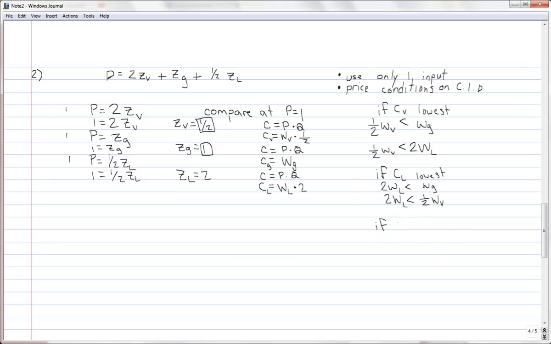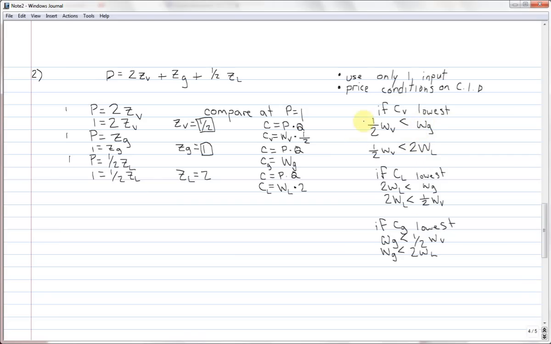And if CG is the lowest, then WG has to be less than 1/2 WV, and WG has to be less than 2WL. Notice I'm not saying anything about the relationship of WG to WV in this one, or WG to WL in this one, just that WV has to be less than both of them to produce 1 unit.